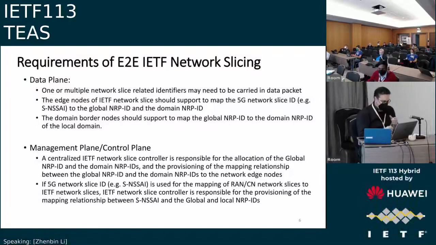And also for the transport network domain, the domain border nodes should support mapping the global NRP ID to the domain NRP ID of the local domain. So this is just to implement the end-to-end mapping between the 5G network slicing and the IETF network slicing, and between the global NRP ID and the local domain NRP ID.